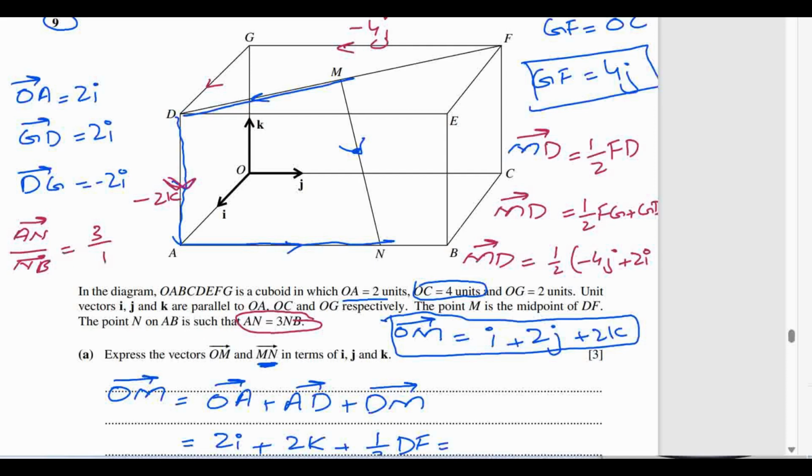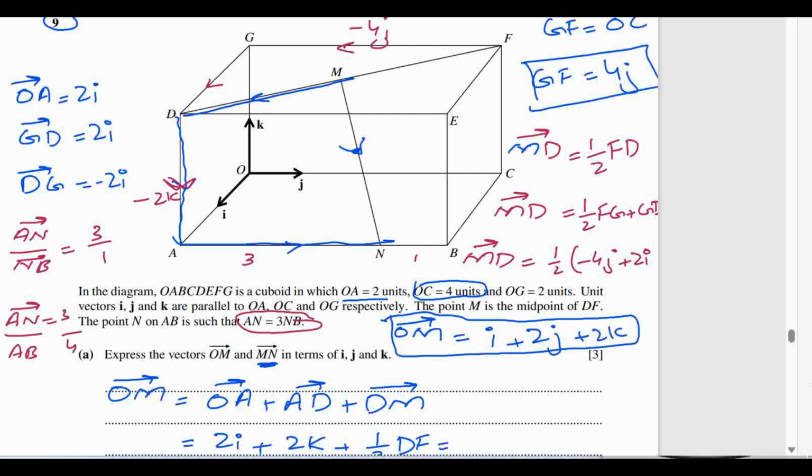It means that if this length is 3, this length will be 1. This will be the ratio, not the value. Now if AN is 3, AB will be equal to what? This will be equal to 4.